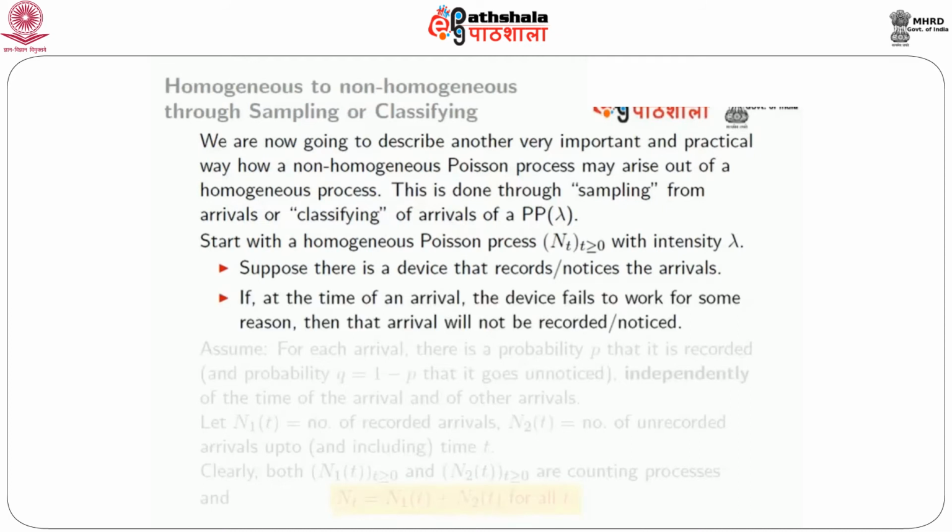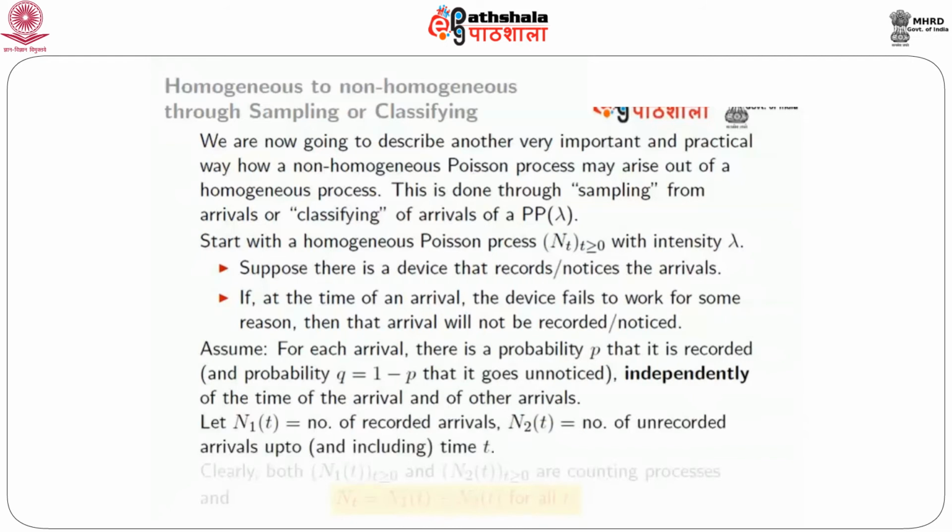So you have a homogeneous Poisson process with intensity lambda. Accordingly, there are arrivals coming at random points of time, but not all arrivals need to be recorded. If the recording device is down or fails to work when an arrival occurs, that particular arrival may not be recorded. Now an assumption: suppose for each arrival there is a constant probability p that it is recorded, and of course probability q equal to 1 minus p that it goes unnoticed, independently of the time of the arrival and of all other arrivals.